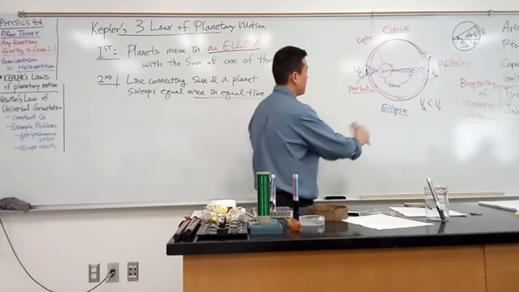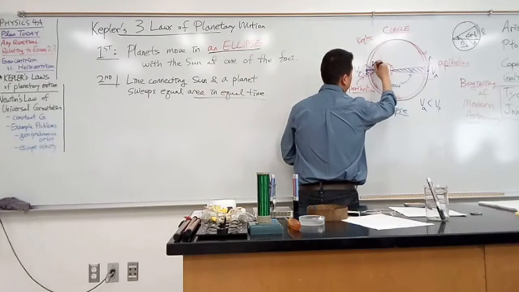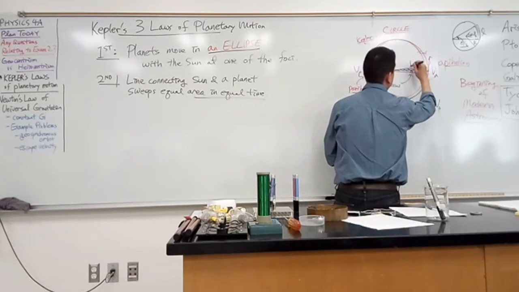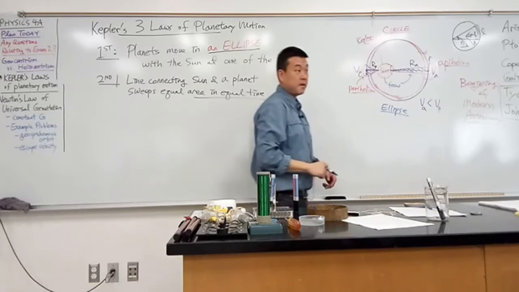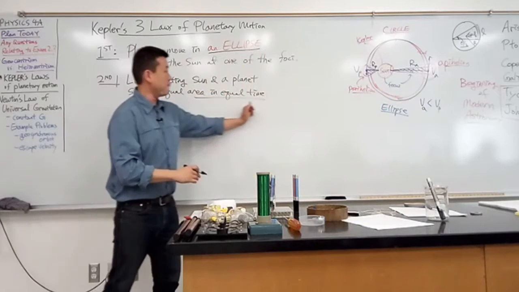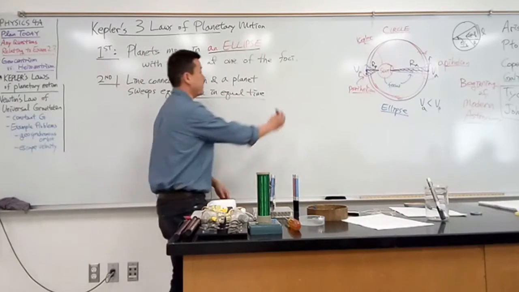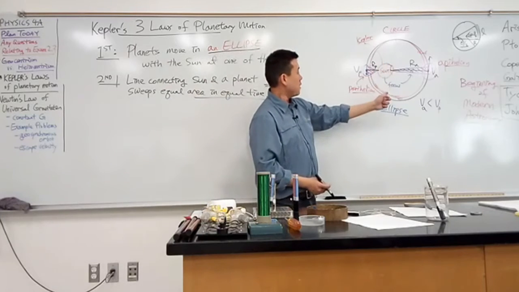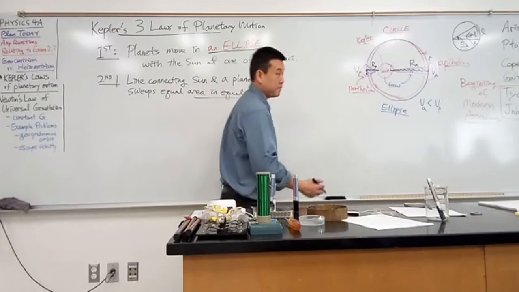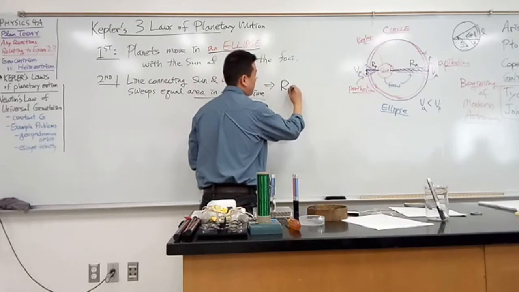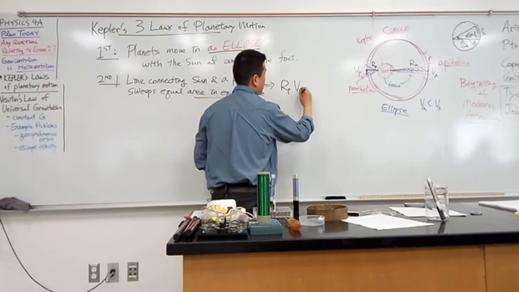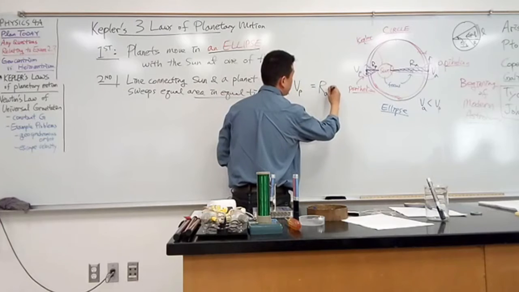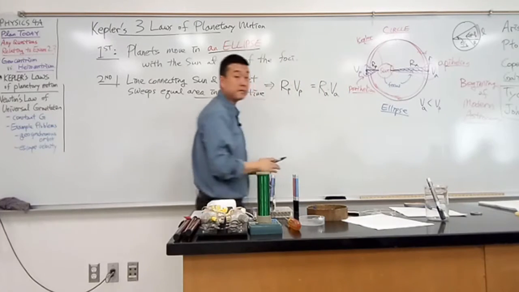If you have some radius at perihelion and some distance at aphelion, then mathematically what's said here comes down to this statement: the product of R_P and V_P, the radius at perihelion times the velocity at perihelion, is equal to the radius at aphelion times the velocity at aphelion.